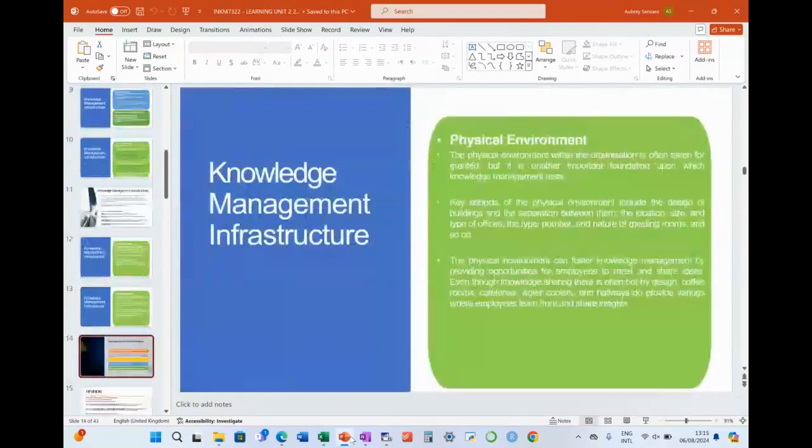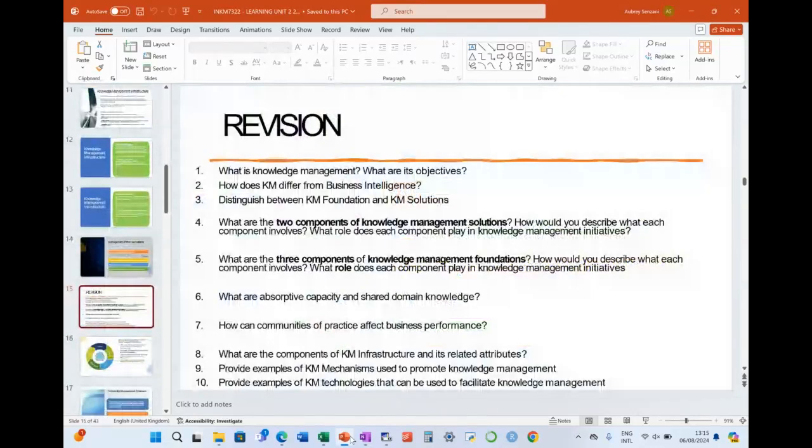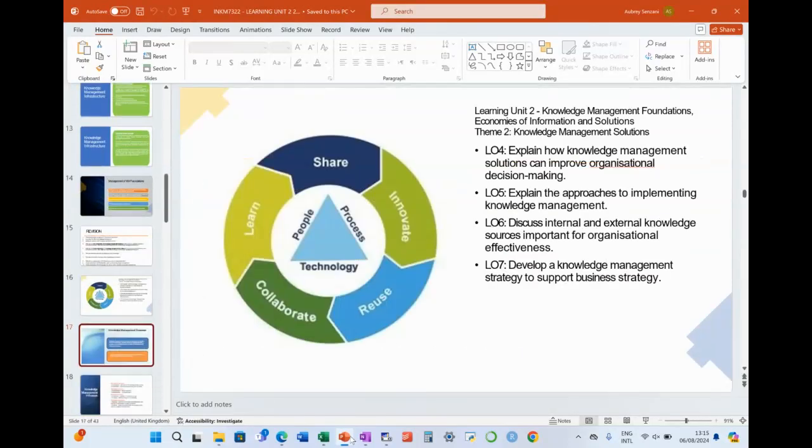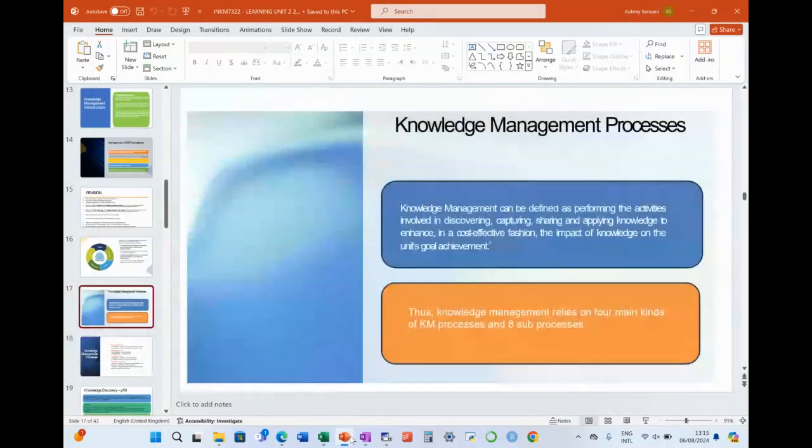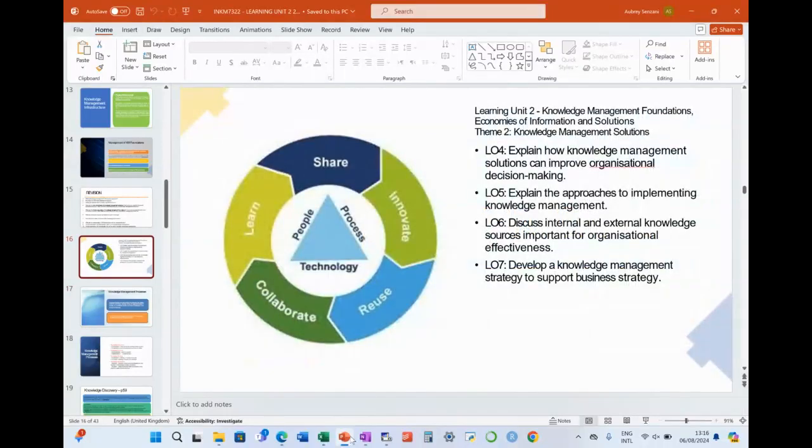That was where we left off, and we spoke about the five major components of knowledge management infrastructure. Okay, so today we're going to look at two important sections within this unit, your knowledge management processes and then your knowledge management systems.